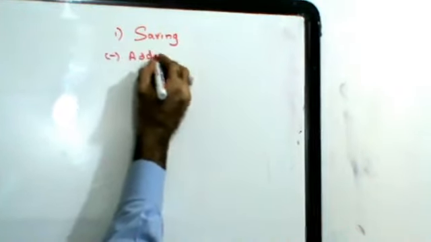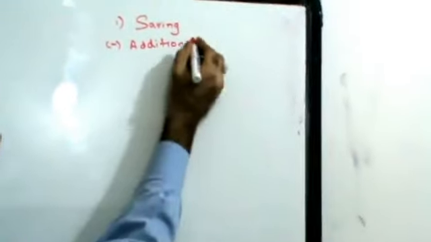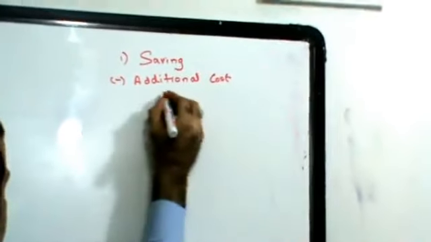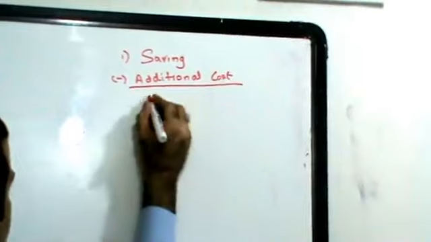Now, first formula: savings minus additional cost is equal to cash inflow.